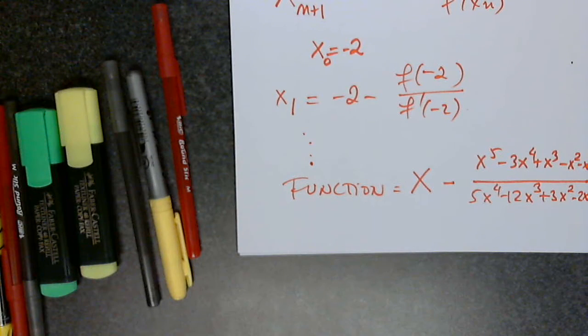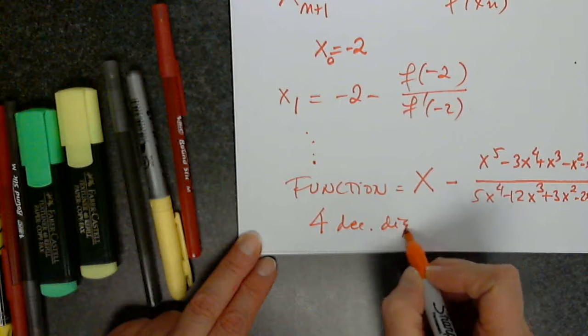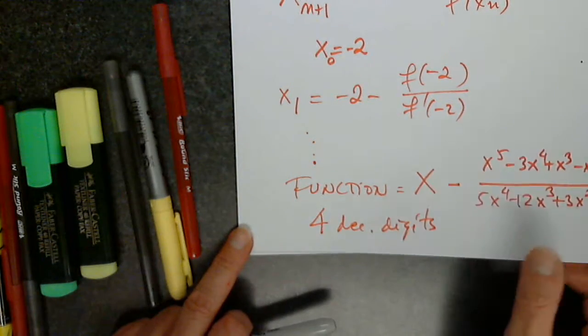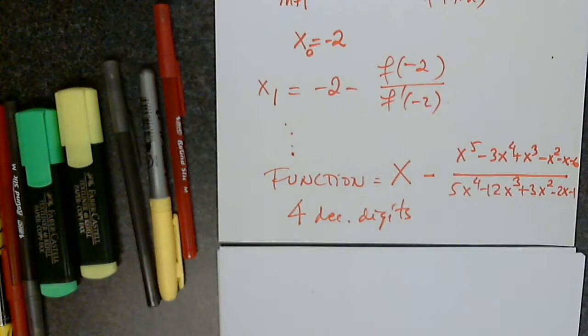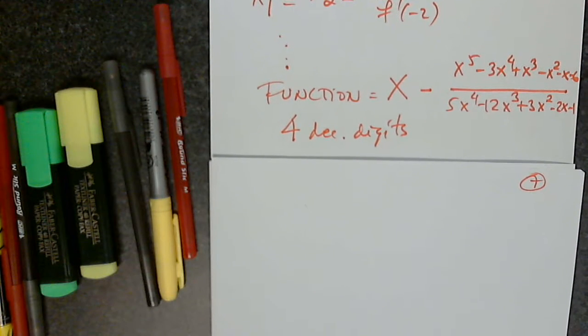How many digits do you want? Let's try 4. I think 4 is solid. 4 decimal digits, and that's where I stop. But on the test, I have to write the answer to the first iteration, the second iteration, and so on, and show where I stop. So let's put it in the graphing calculator.